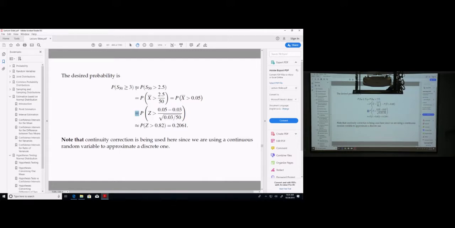This would be an equal sign, and this would be the approximation sign. And then here you can take it as an equal sign. It is approximate only because you take this number and round it to 0.82. But in theory, you can calculate this number more accurately, because it is coming from this. And so the result is about 21%, all right? So this is how the continuity correction is being used.